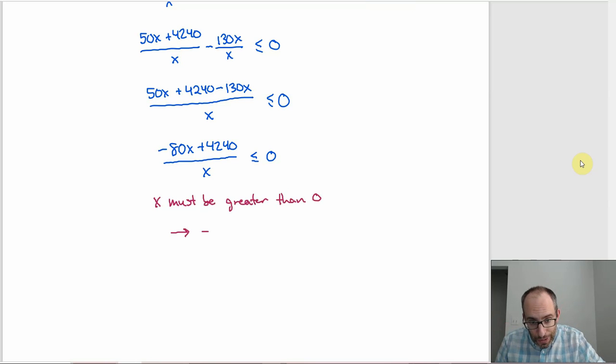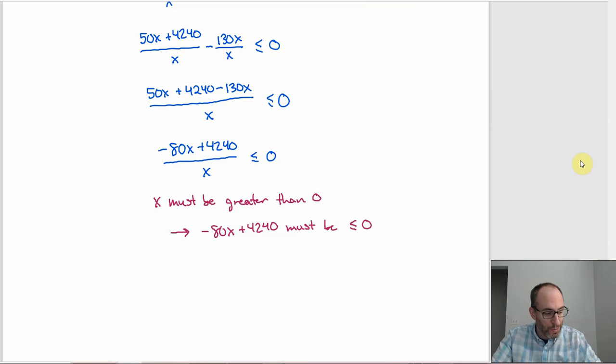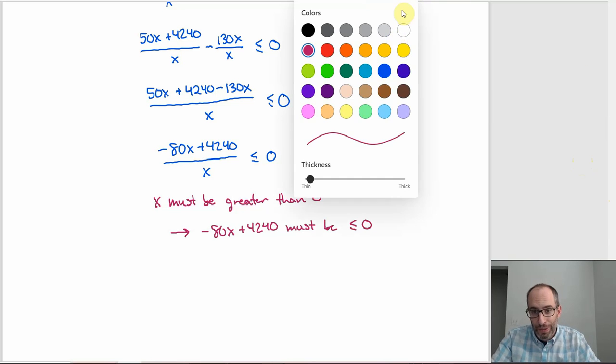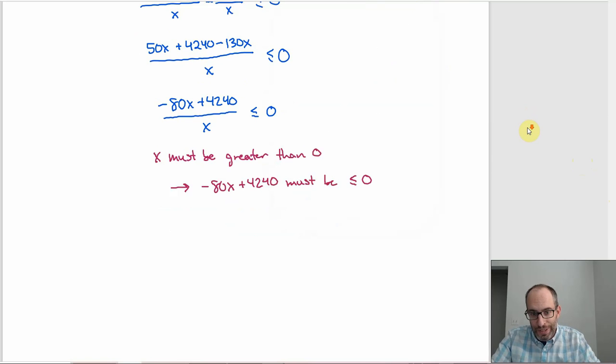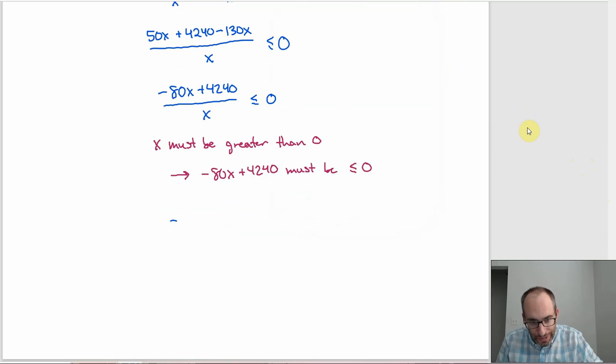So negative 80x plus 4240 must be less than or equal to 0. And so then basically we can just solve that, which is a little easier since now that's just a linear inequality, right? Negative 80x plus 4240 less than or equal to 0.